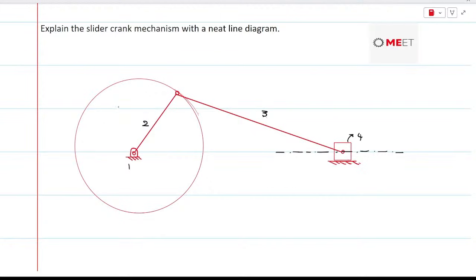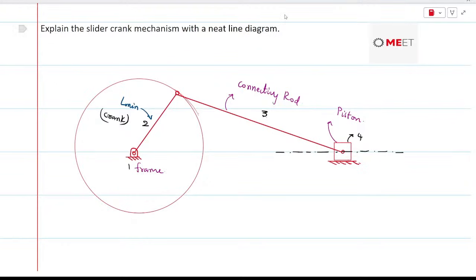So 2 is the crank, and this is also L minimum, that is the shortest link or the smallest link. Link 3 is the connecting rod, and link 4 is the piston. Link 1 is the frame.